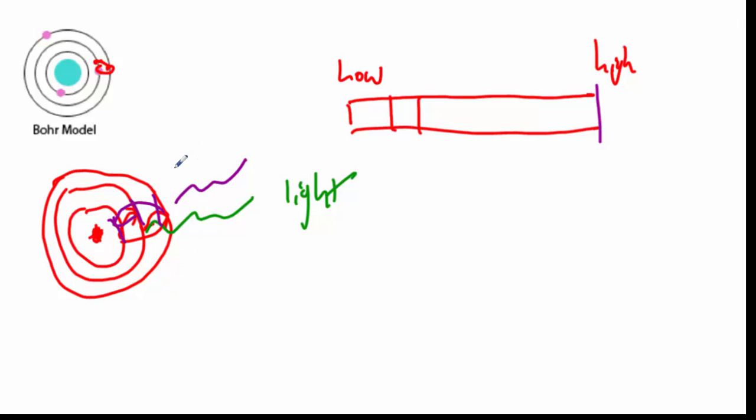And so this is what Bohr observed, and so he was able to say, well, electrons aren't just randomly orbiting, they are only found in energy levels. They can move between energy levels, but they're never halfway. They don't occupy these regions between energy levels.